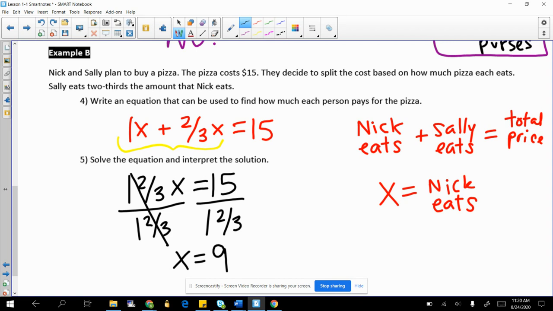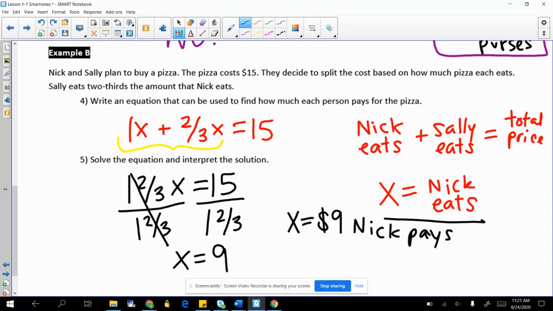So that means, we remember earlier said that X equals the price that Nick eats. So that means that Nick would have to pay $9 for the pizza. Well, now we have to figure out what Sally would pay. And remember, the whole price was 15.